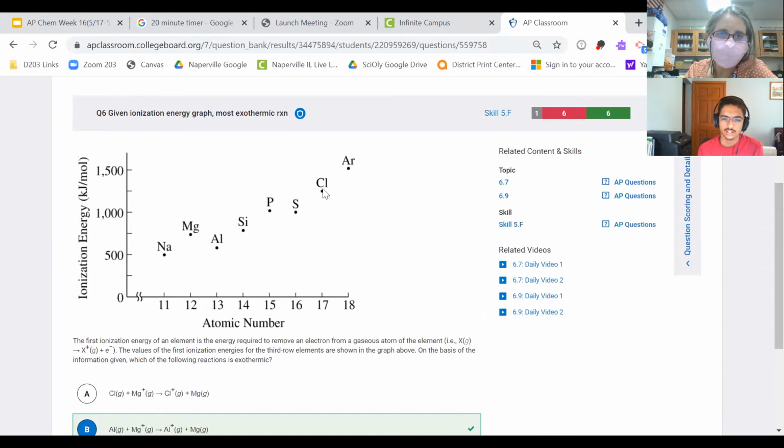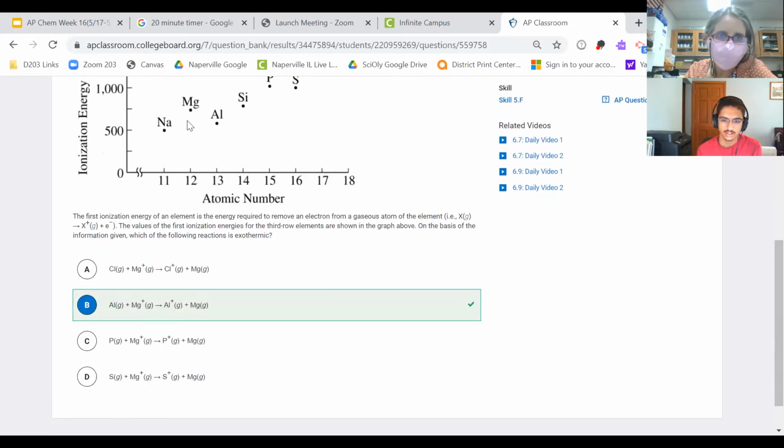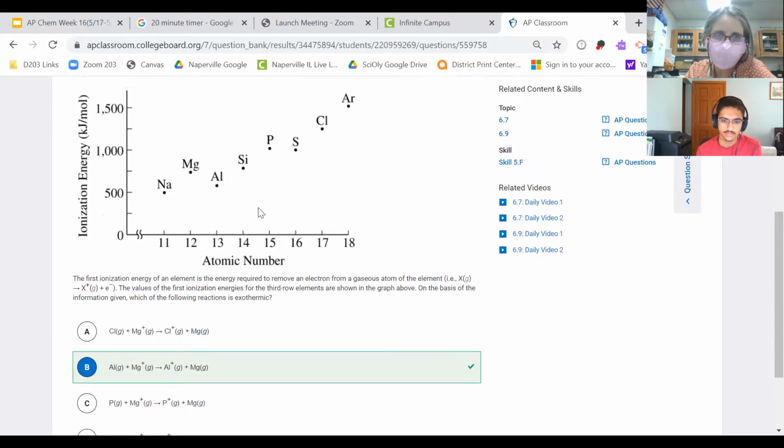Because chlorine is higher than magnesium, so that wouldn't work. Phosphorus is higher than magnesium, and sulfur is higher than magnesium. If an element is higher than magnesium, that means it would require more energy to remove the electron.